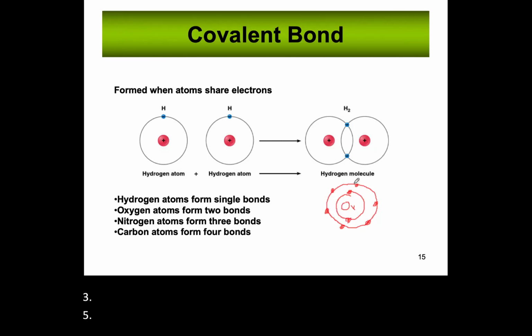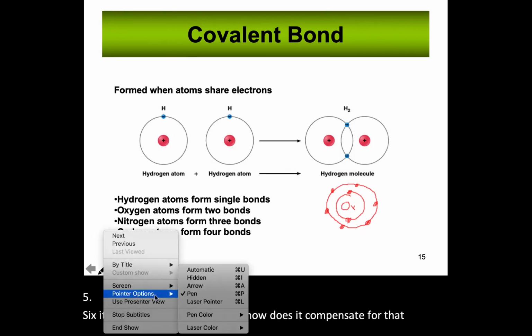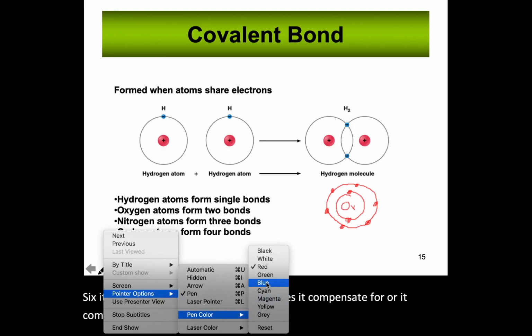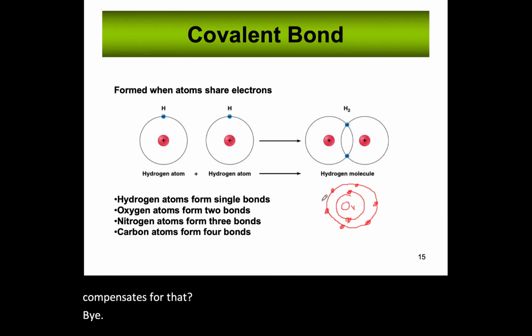Right? It's missing 2 electrons. And so how does it compensate for that? Well, it compensates for that by maybe forming a covalent bond with another oxygen.